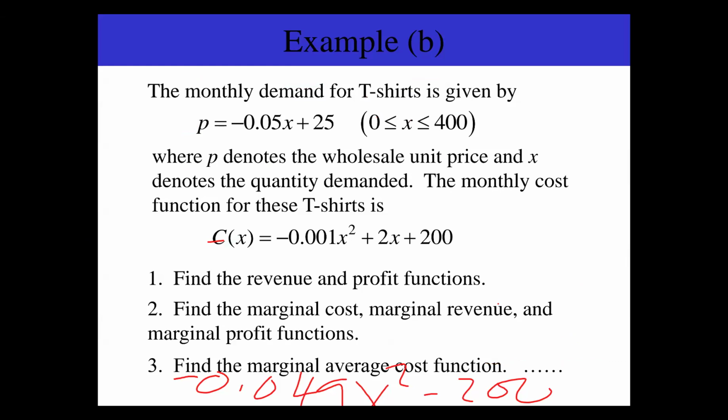Drop the power, so just multiply this times 2. 0.049 times 2, negative 0.098x, because 200 is a constant. This is the marginal profit function.